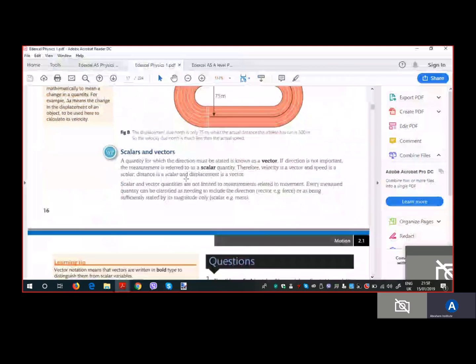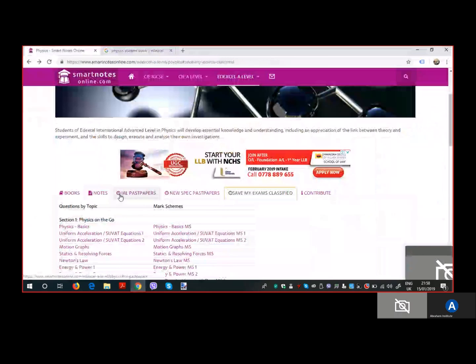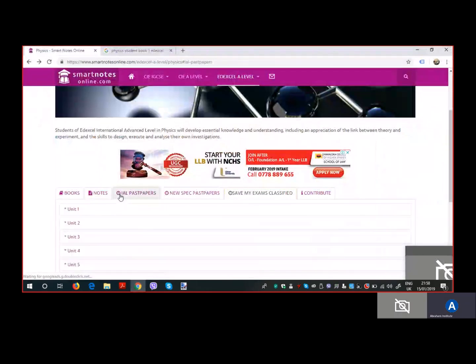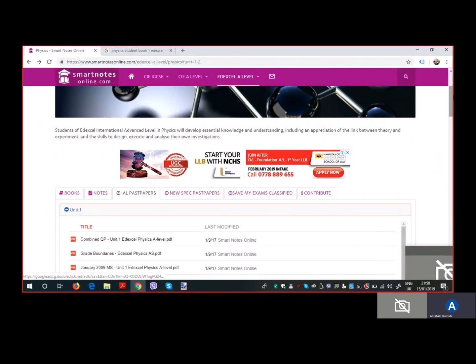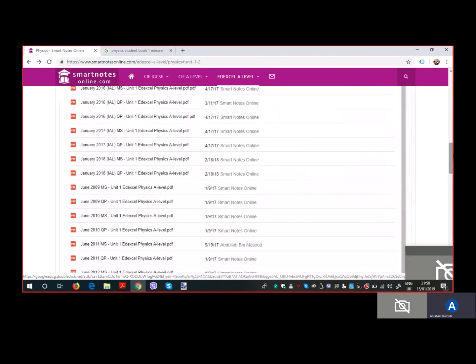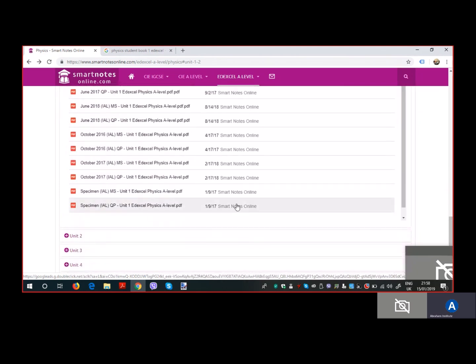Do you know what a vector quantity and what a scalar quantity is? Sir, can you see the specimen paper of the IAL new syllabus? The first question is about vector and scalar, and it's confusing, sir. Let's see. Unit 1.